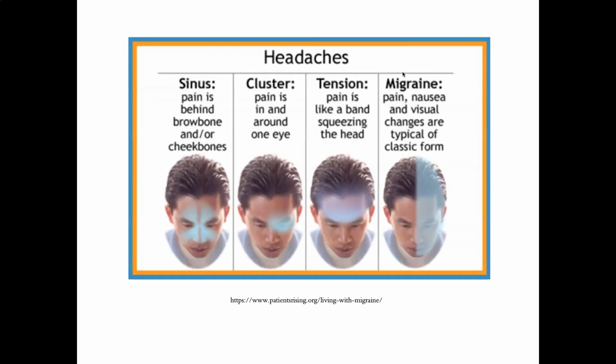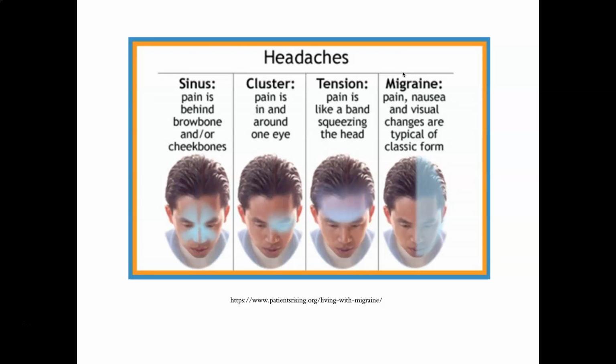All right, I'm finally at headaches. Hopefully you don't have one at this point in the presentation. There are a couple of different types of headaches, and what we're really going to focus on more than anything is migraine. But just to show you, the type of headache is often defined by location. So a sinus headache is pain behind the brow bone and/or cheekbones.